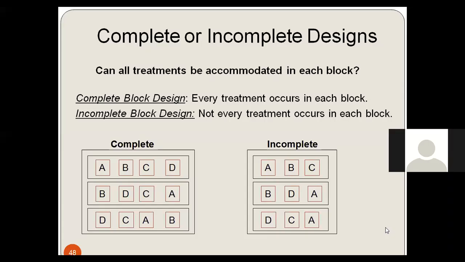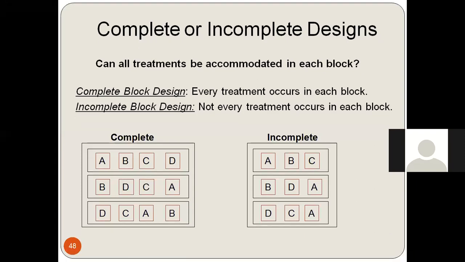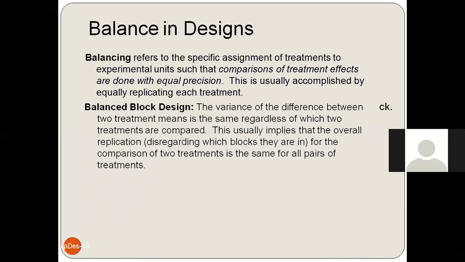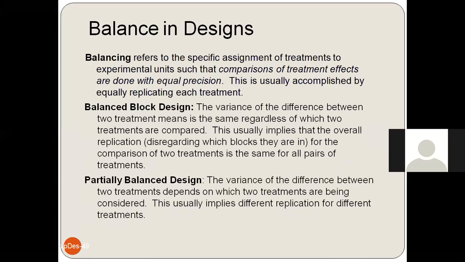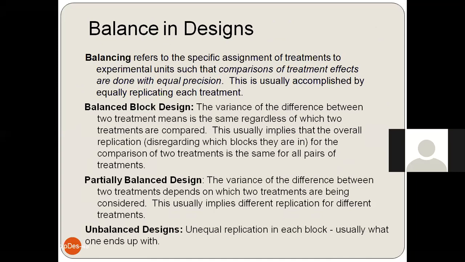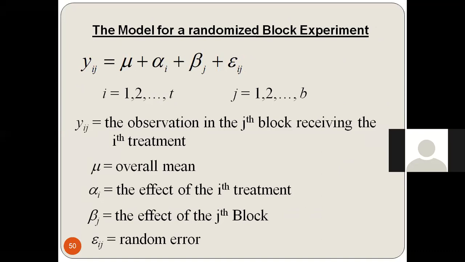In this case, we have balanced as well as partially balanced situations. Unbalanced means unequal replication in each block. Sometimes some treatments have 3 replicates, some 2, some 5, and so on. We will talk about the model in the next class.